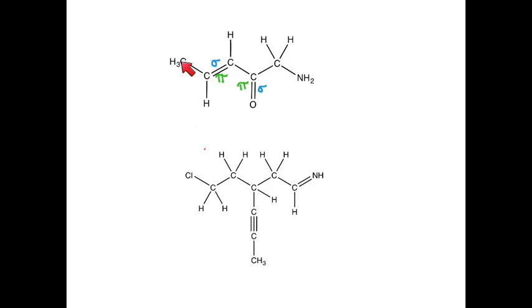So another way to look at this is just to count the number of double or triple bonds you see. This carbon has no double or triple bonds, therefore it's sp3 hybridized. This carbon here has a double bond. One's a sigma, one's a pi. The pi comes from a p orbital, so that p orbital is left out of the hybridization process.